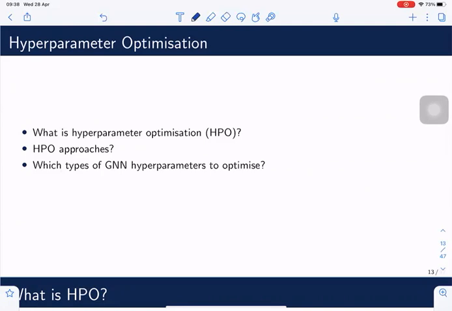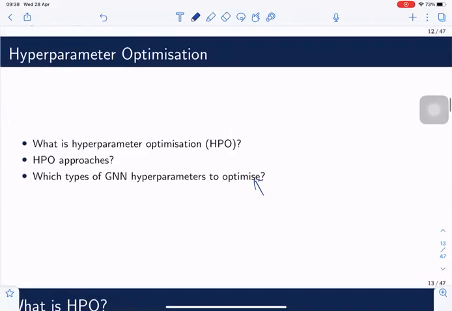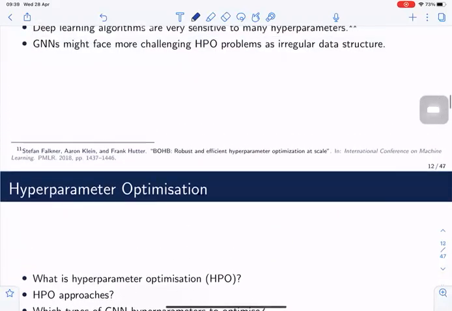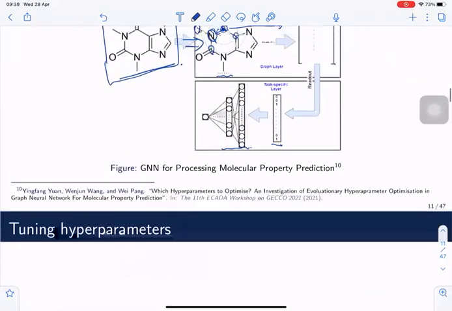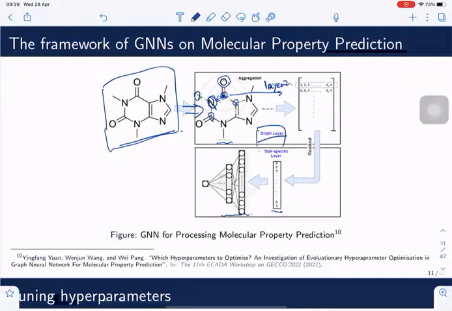And the last question is which types of GNN hyperparameters to optimize. We conducted experiments to find the answers to these questions. And we classify the graph network hyperparameters into graph layers and task-specific layer hyperparameters, so there are 2 types.